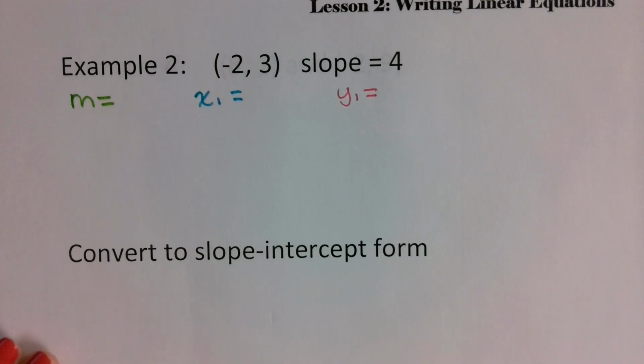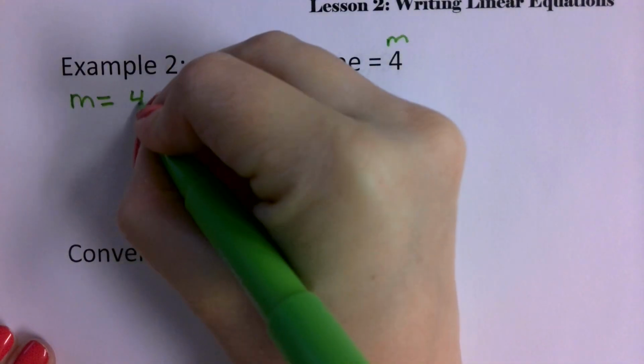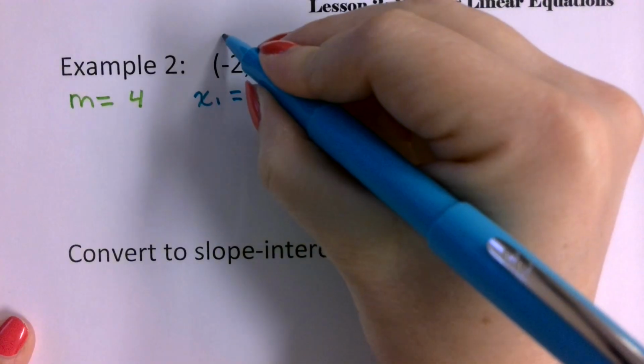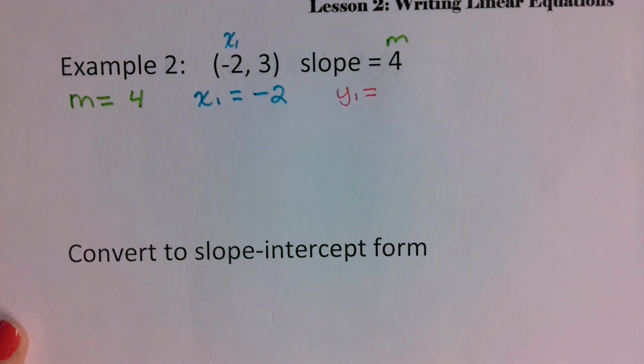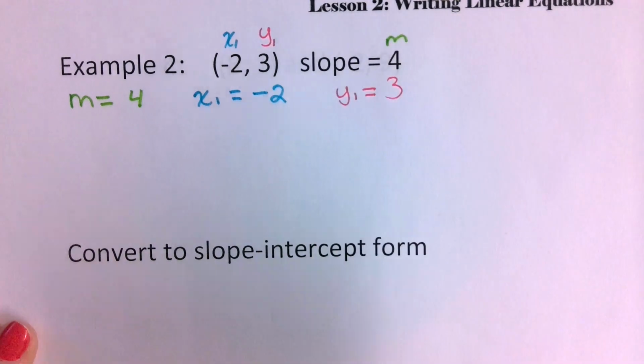Okay, for problem 2, my slope happens to be a 4. You could just put 4. If you put 4 over 1, that's fine, but 4 is perfectly fine as well. My x1 coordinate is going to be a negative 2, so be mindful of those negatives. My y1 coordinate is just going to be a positive 3.